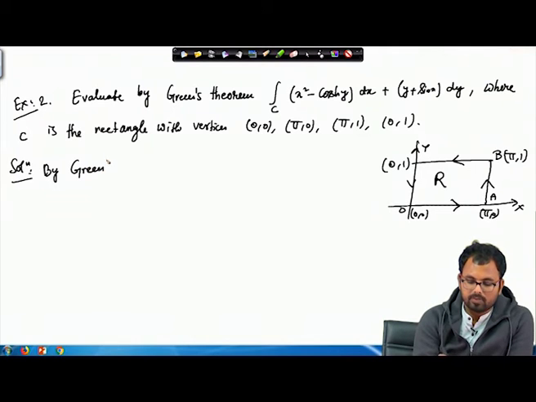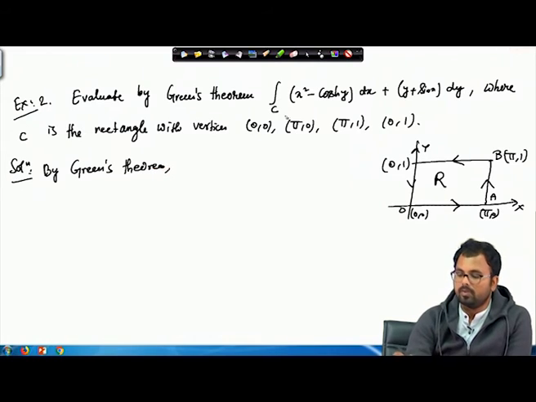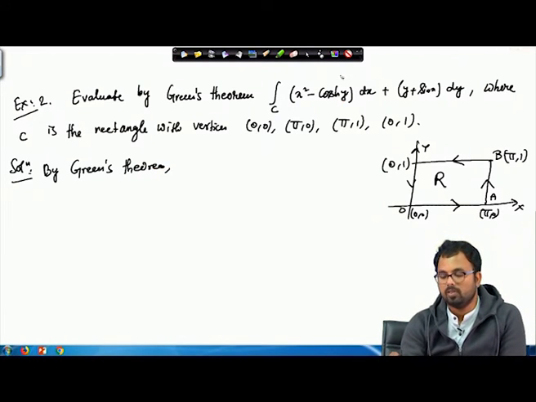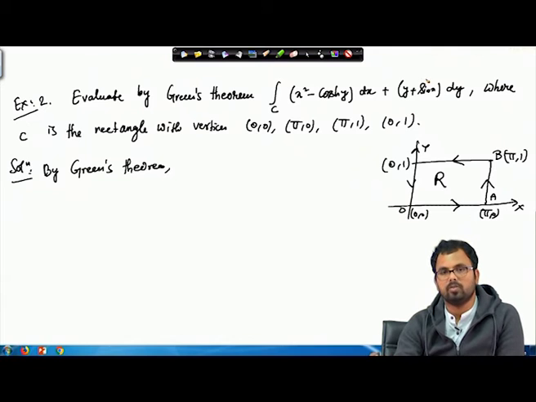Now, we will see first whether the Green's theorem is applicable or not. First of all, we have x square minus cos hyperbolic y, which is obviously differentiable and has continuous first order partial derivatives, and then we have y plus sin x, which again has continuous partial derivatives. So, these are our m and n, and they both behave nicely.